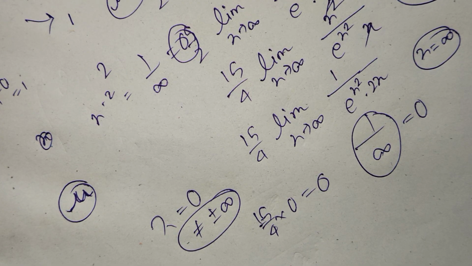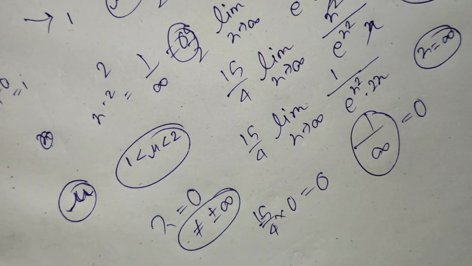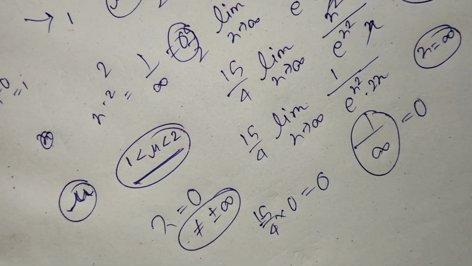In that case, we can choose any value of mu depending on the condition, like in the previous case. So it depends on the question. You have to understand the question so that you can understand what value you should choose for mu.